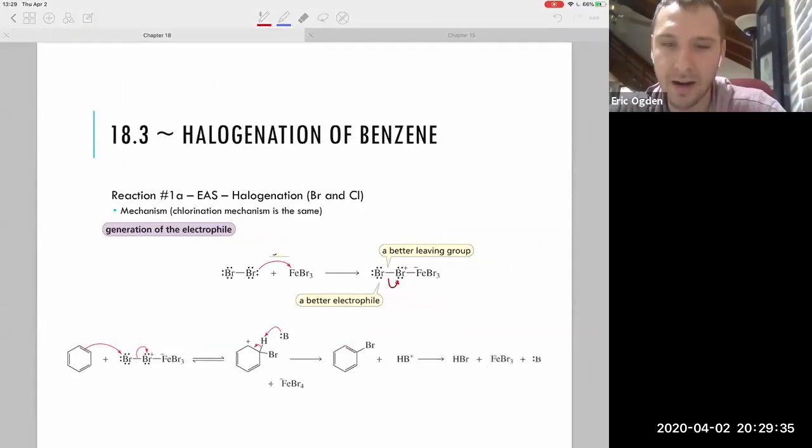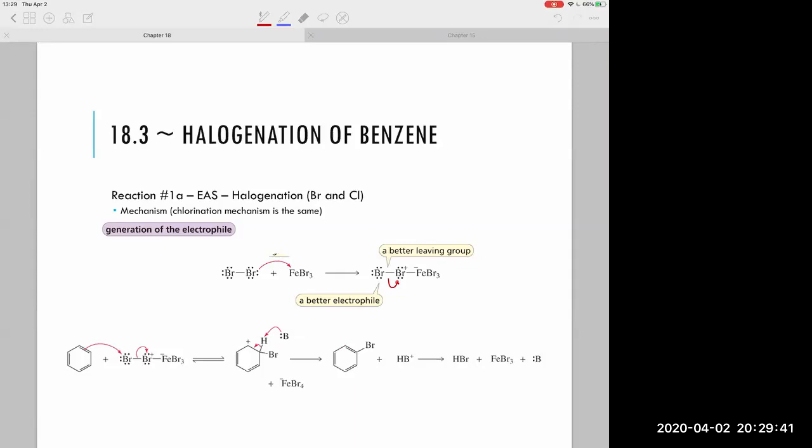Could the iron tetrabromide be a base? No, it's eventually going to kick off that extra bromine. So at the end of the day, you're actually going to be forming the HBr. Yeah, we're going to have a generic base in the reaction mixture, our B with the lone pair.